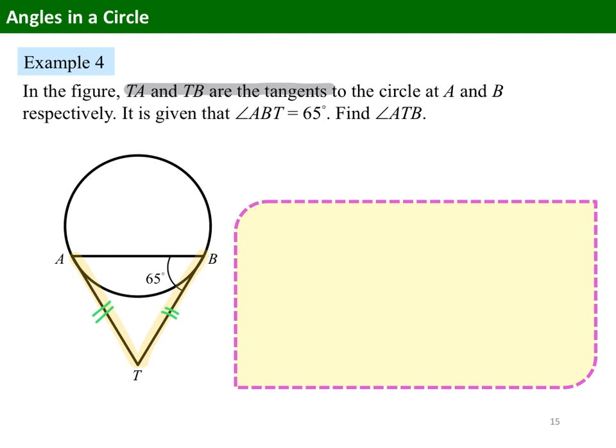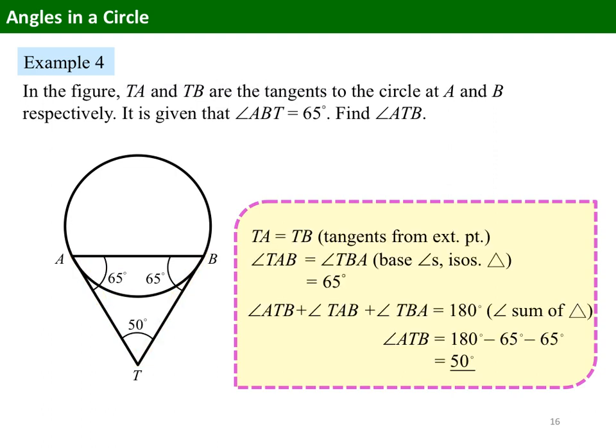Then angle TAB is equal to 65 degrees. And the angle we are going to find is angle ATB here. We can find it by using sum of triangle. Then we can write down like this.